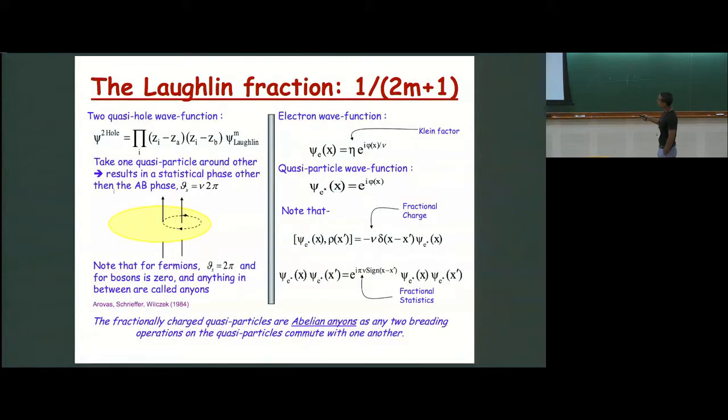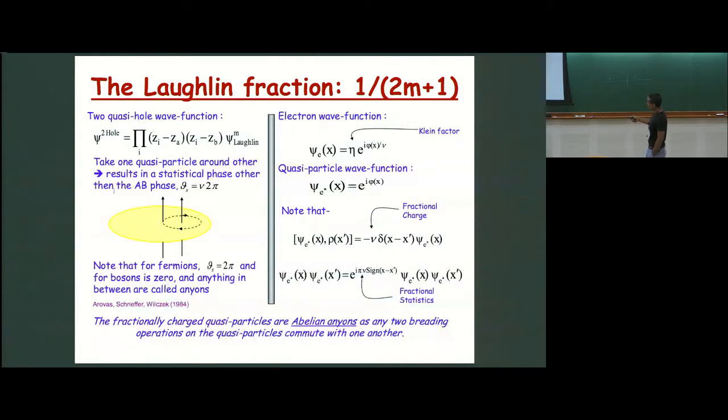So e to the power i phi by nu is a construction of the right electron operator, although there should be a Klein factor here also for the quasi-particle. And e to the power i phi would be a construction of a quasi-particle operator. If you look at the commutation relation between the density on the edge and this creation operator, you see that it creates the right puncture at position x.